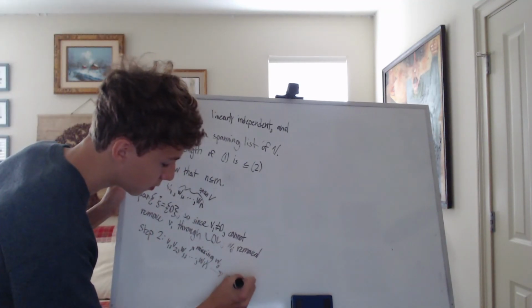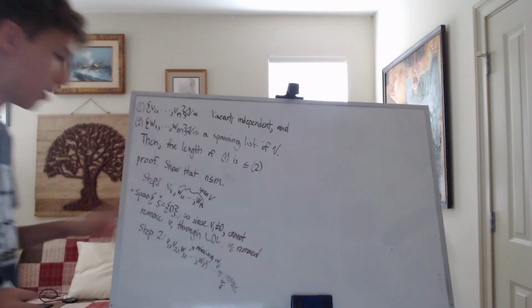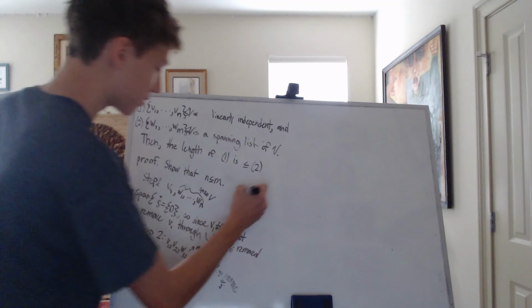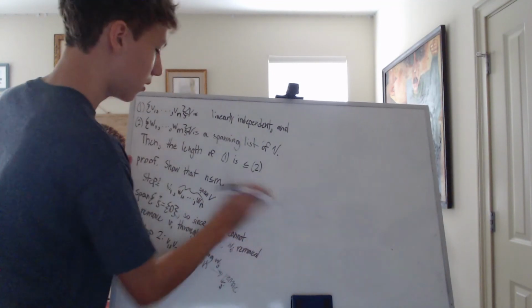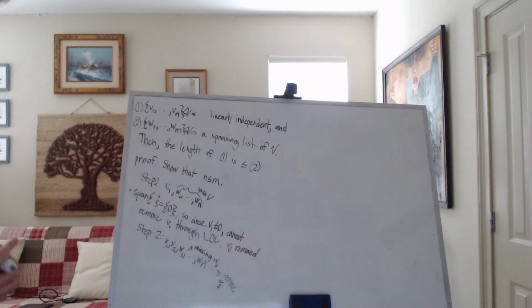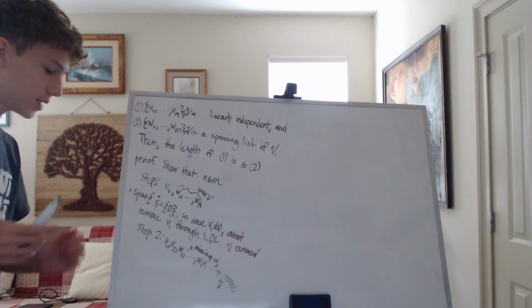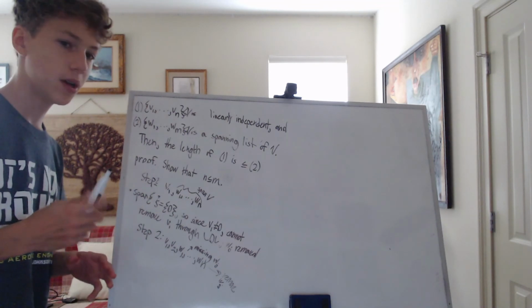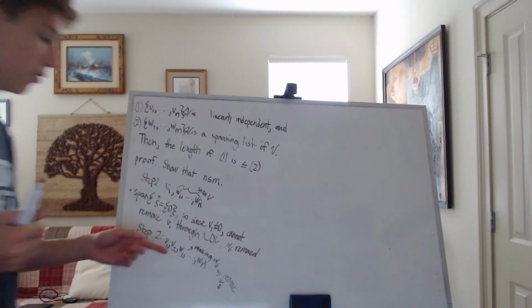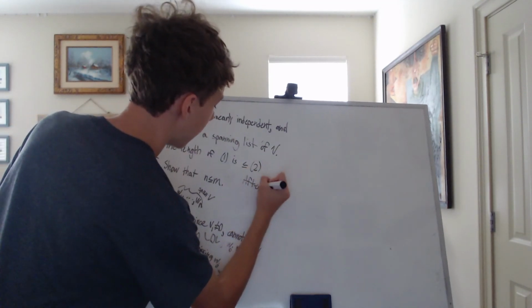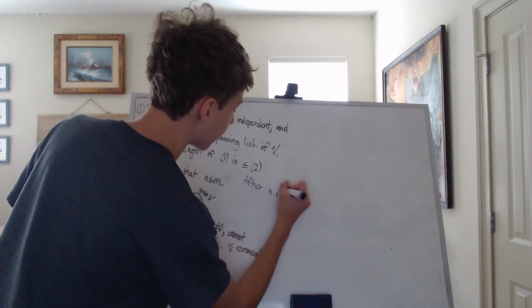Remove, I don't know, wi. Sorry for my bad handwriting here, and the marker is kind of running out, unfortunately. And then we continue this process. But notice that throughout this process, by the linear dependence lemma, there surely has to exist a w that we can remove. So we continue this process for n iterations.